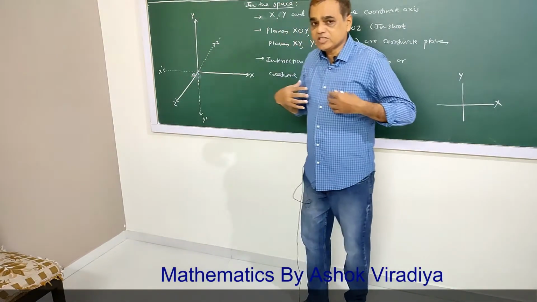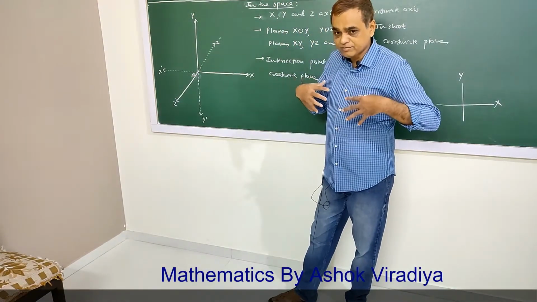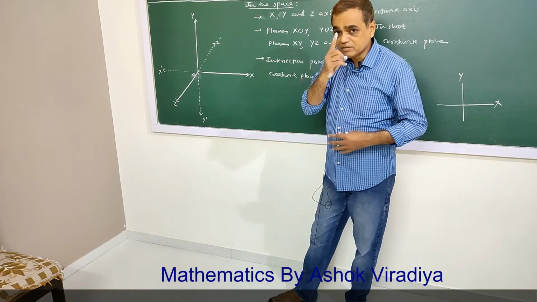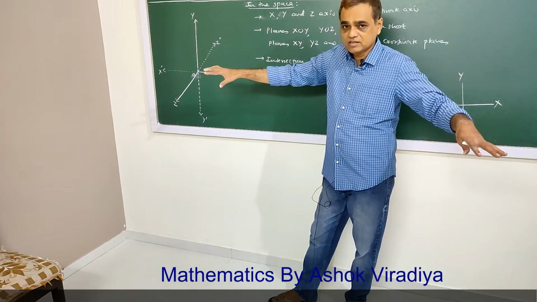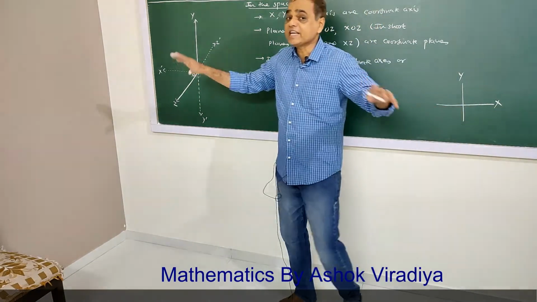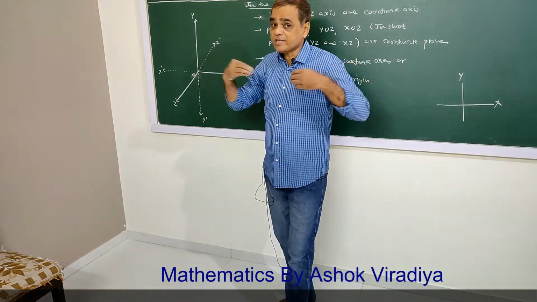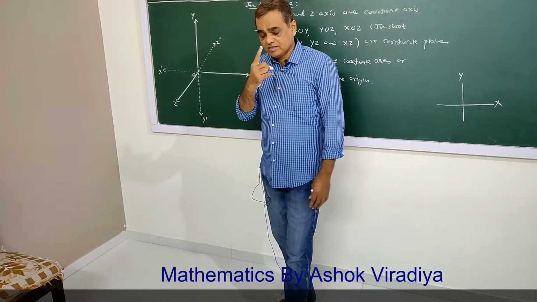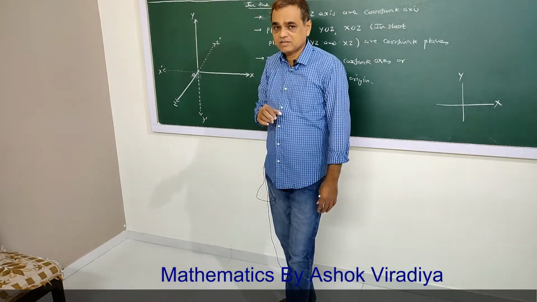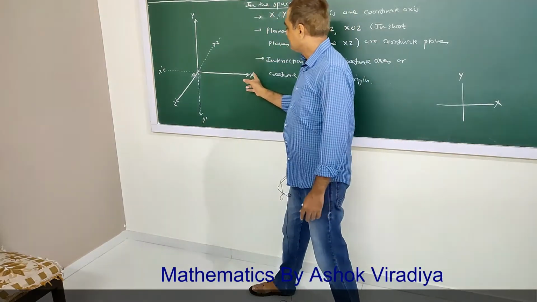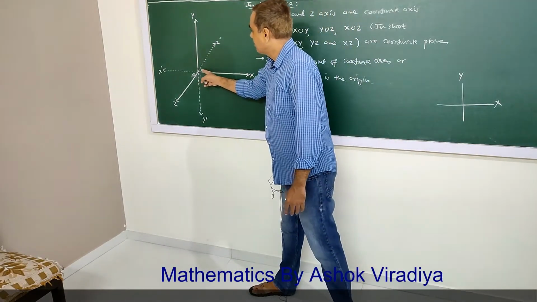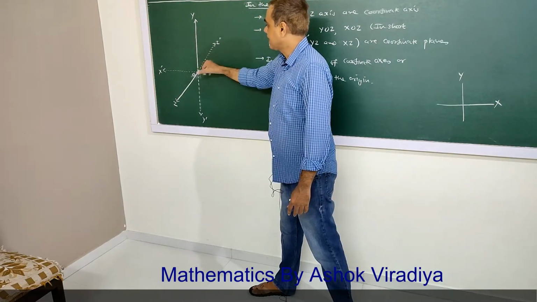Here we can imagine I am in only one part of those 8 parts. Space is divided in 8 parts, out of which I am belonging to only one part, the front part, which is obtained by this x, y and z.